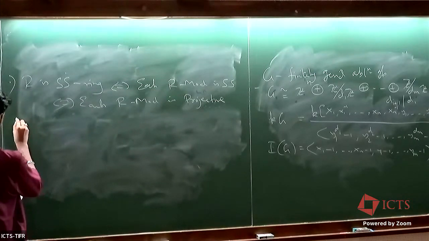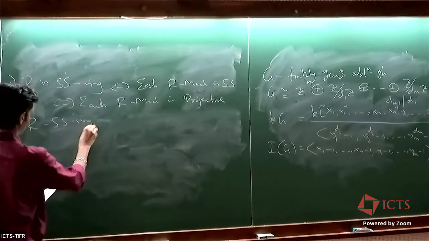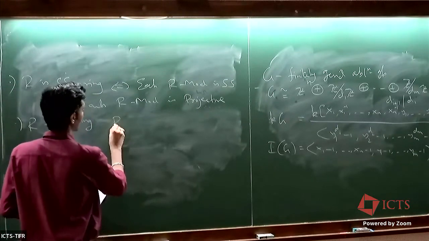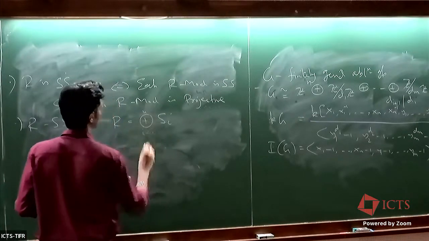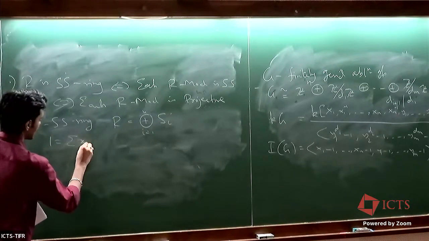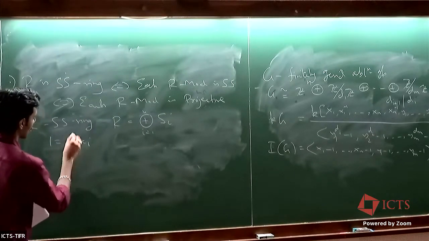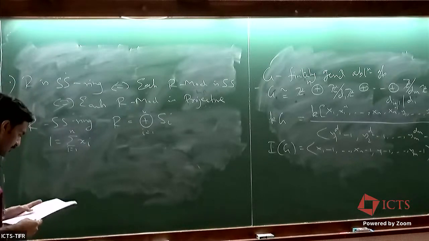Next, if R is a semi-simple ring, then R can actually be written as a direct sum of finitely many simple ideals. This finiteness comes from the fact that if you express 1 as a summation of x_i, this will be a finite sum, and then those components from where these x_i's are coming will give the whole decomposition.